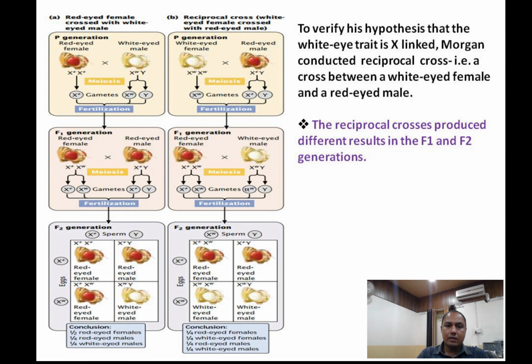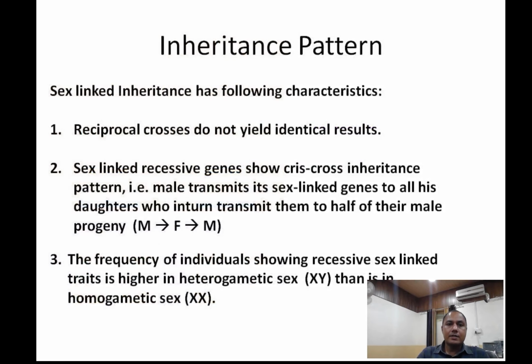So here the results are quite different from the original one, and the results are different in both the F1 generation as well as the F2 generation. Secondly, he found that the recessive genes show a crisscross inheritance pattern.